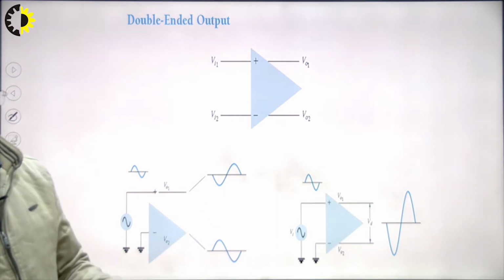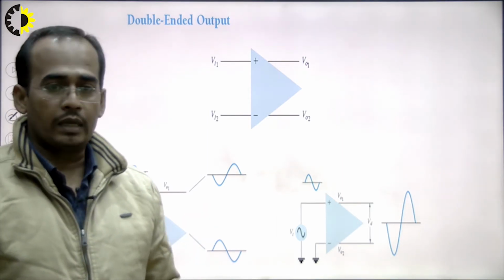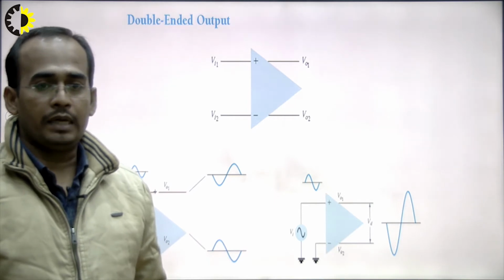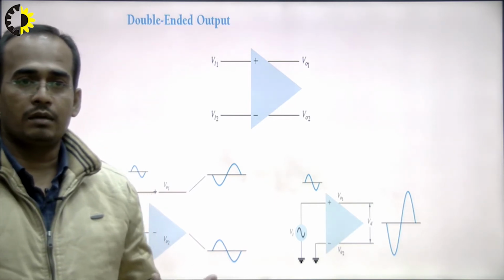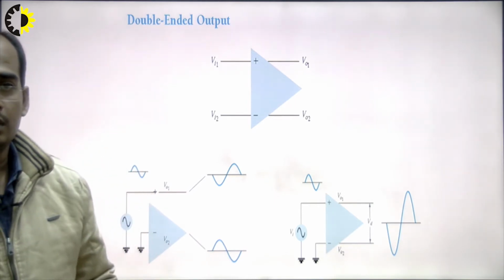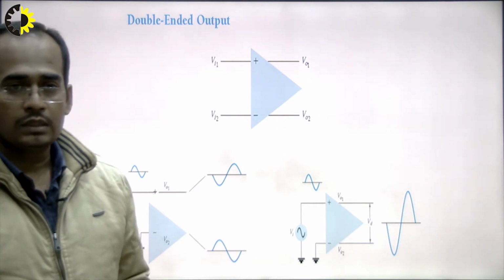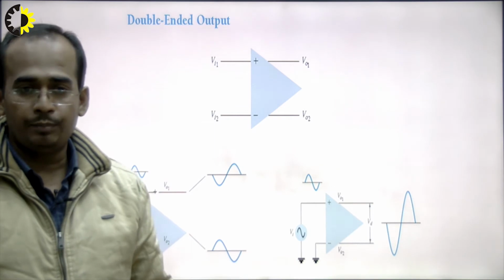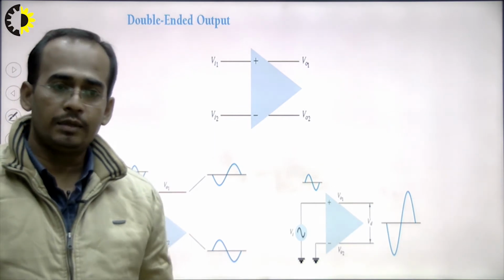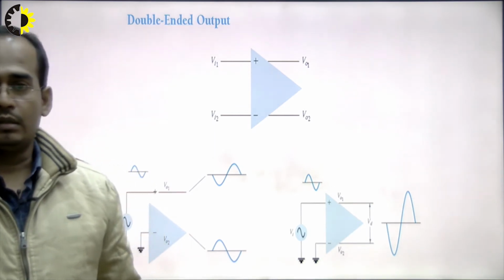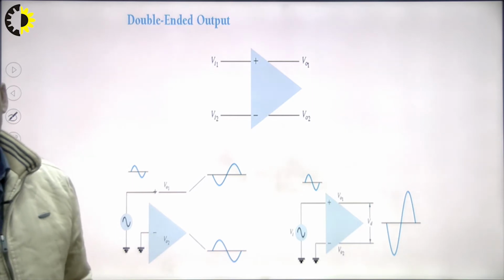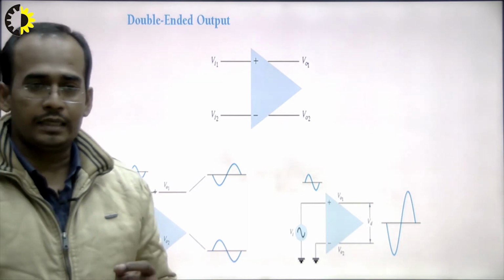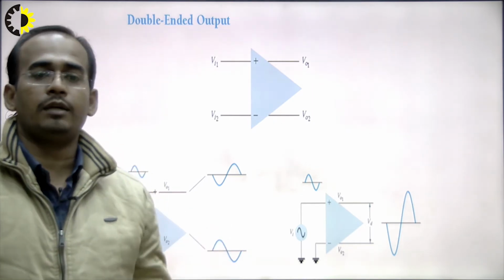In this case we have to analyze the circuit in two ways. Either we can analyze the circuit by applying the input to both terminals, or we can analyze the circuit by considering one input and the other input grounded. The easiest way is to analyze the circuit by considering one input active and the other input ground.